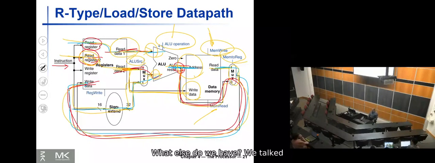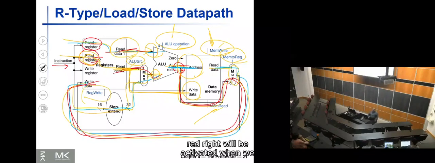What else do we have? We talked about ALU source, ALU operation, memwrite, mem2reg, memread. Yeah, that's here. Regwrite. Regwrite will be activated when we want to update the register file, either in an R format instruction, where we need the value calculated by ALU to be updated in the register file, or a load instruction.